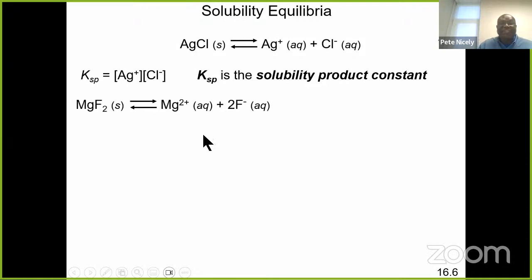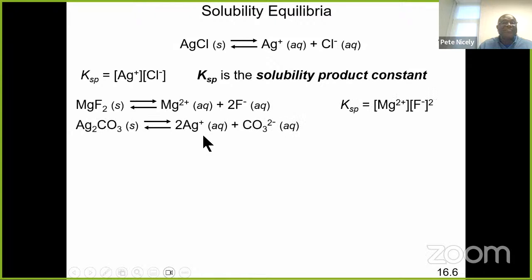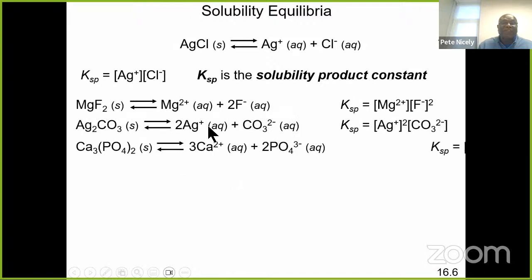And just to give you some examples of different compounds of that same type, you see the corresponding dissociation equations along with their respective KSP expressions. And of course, you recognize that in each case, the concentrations are raised to the power of the coefficients in the balanced equation for each of these ions.